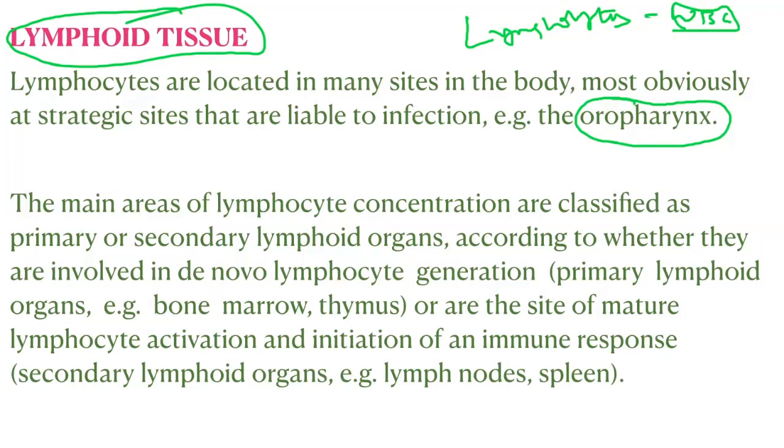So the main areas of lymphocyte concentration are classified as the primary and secondary lymphoid organs, right?